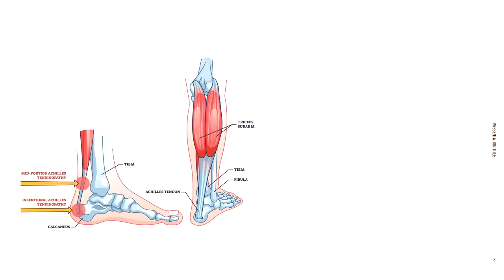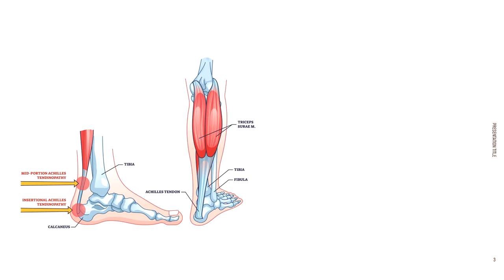This slide basically shows the Achilles tendon, which inserts right down into the calcaneal tuberosity. Now, the first condition I talked about, insertional Achilles tendinopathy, is a pathology affecting the calcaneal tuberosity and the insertion of the Achilles tendon.